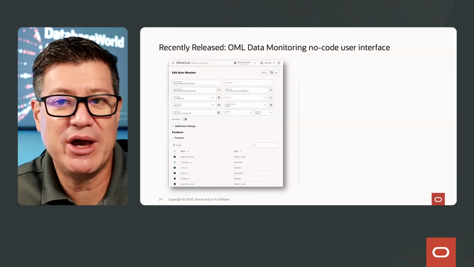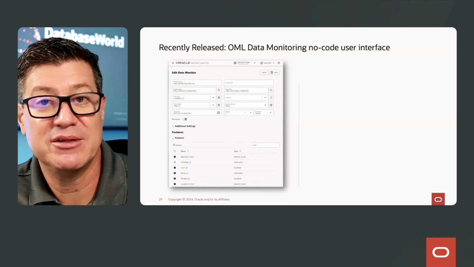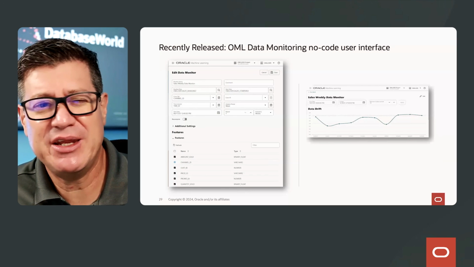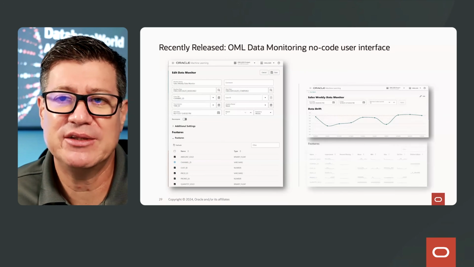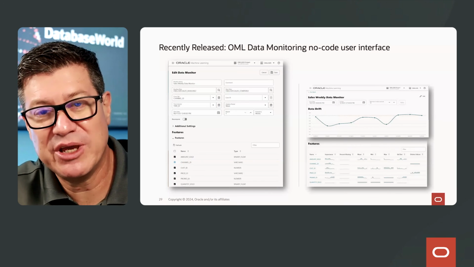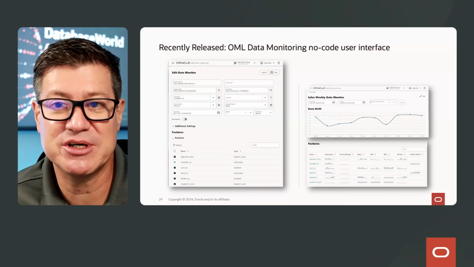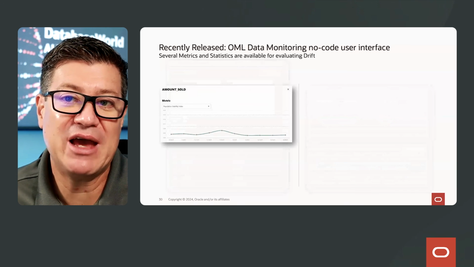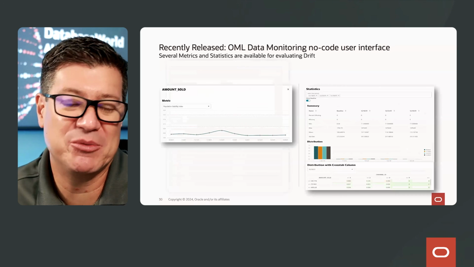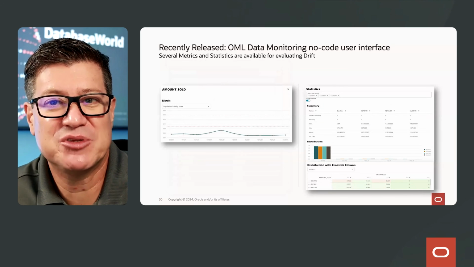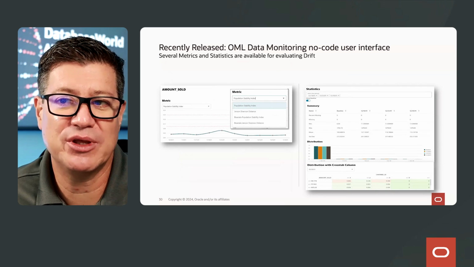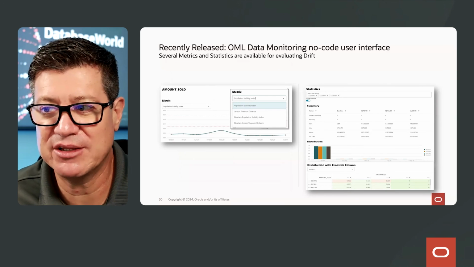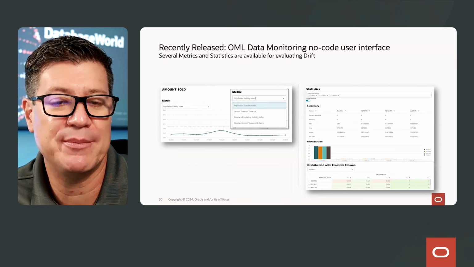So we have this UI available there for you where you have data monitoring. You're looking at any drift over time for that process. And then things like looking at the features, whether they are changing over time, and then we're evaluating them with specific metrics, with some statistics, population stability index, things like that, that you can choose and evaluate for the specific processes that are happening.